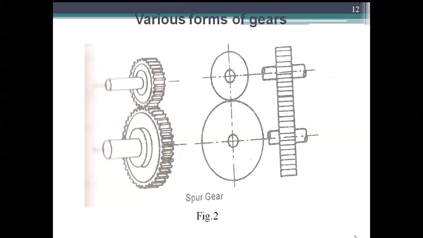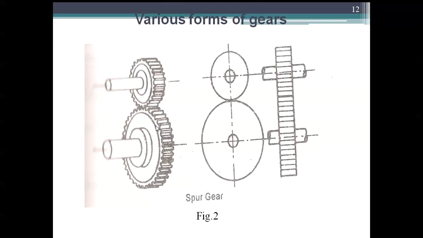So here the motion of the two wheels is unlike, both are different. But for the internal gear, one of the gears has internal teeth, and another gear rotates internally meshed with the first gear, so that both have the same motion, both rotate in the same direction, whereas in external gearing both rotate in opposite directions.